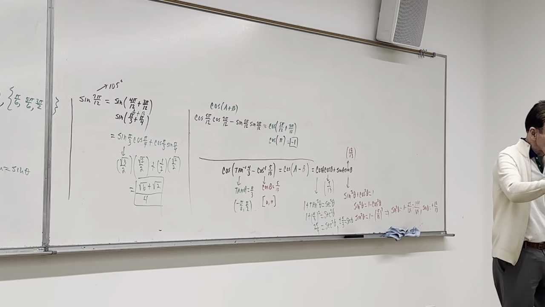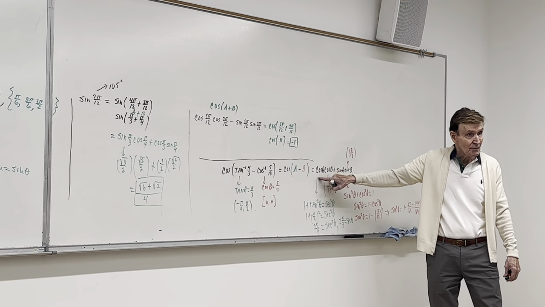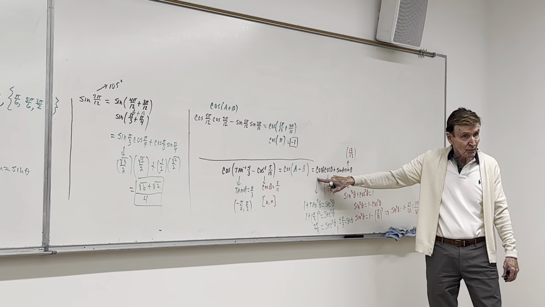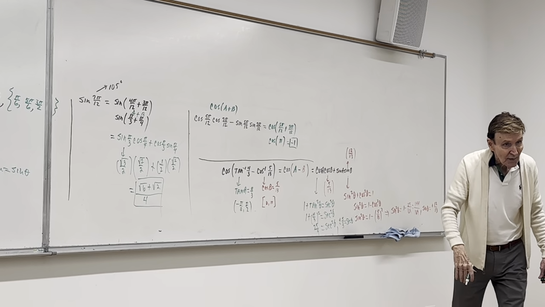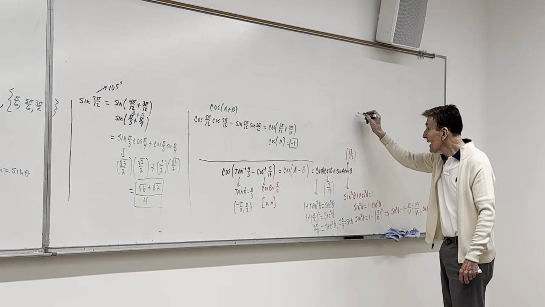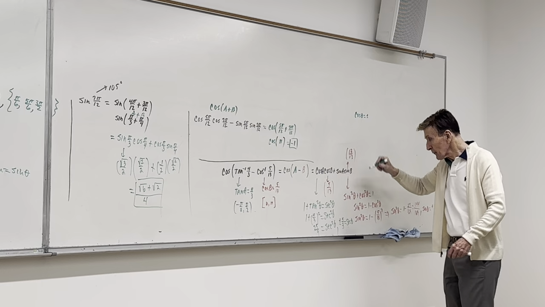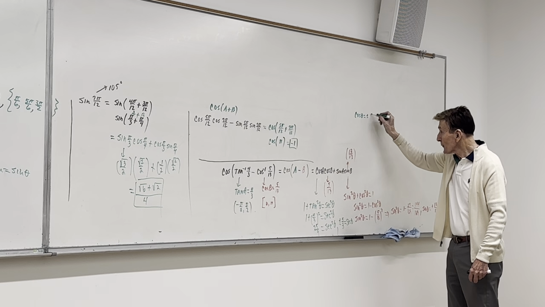And then what she wants me to do, because I need cosine, I have secant. What's the relationship between secant and cosine? They are reciprocals, so just flip this over, and cosine should be equal to plus or minus 3/5.